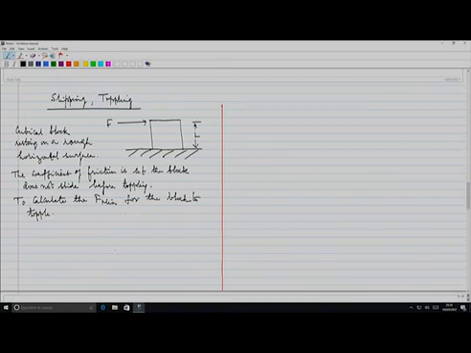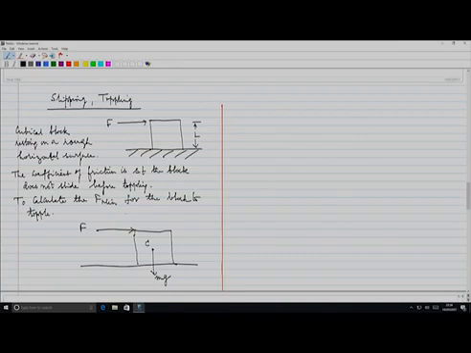Now let us mark the various forces acting on it. We'll again redraw the diagram. Block, force, and this is the center of mass, mg. Initially, when you are not applying any force, the normal reaction would be at the center of mass of the cube such that it opposes mg.